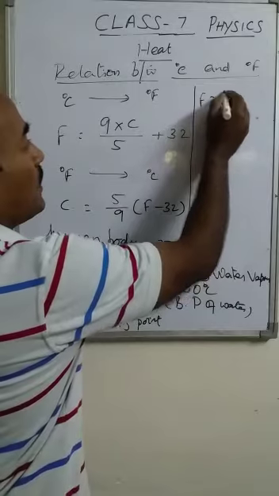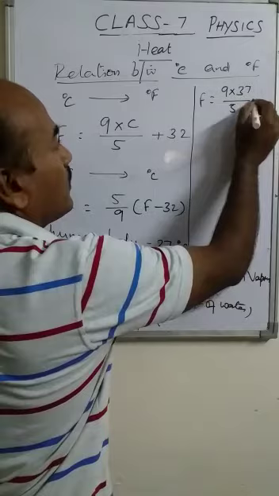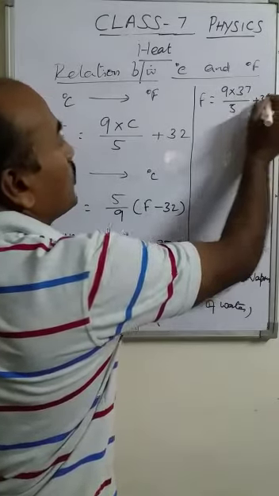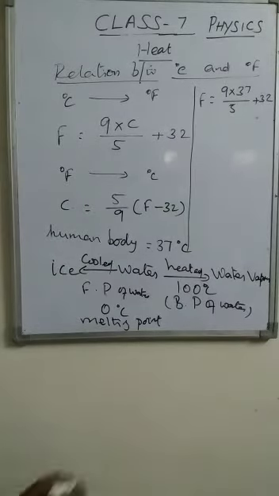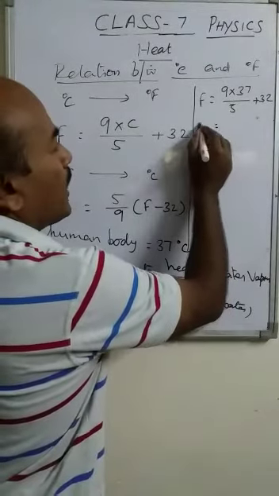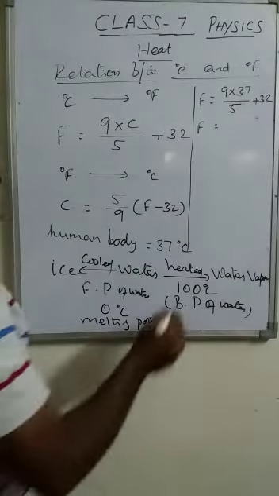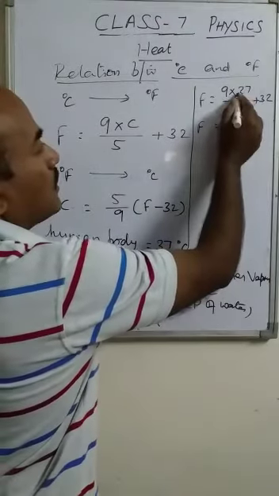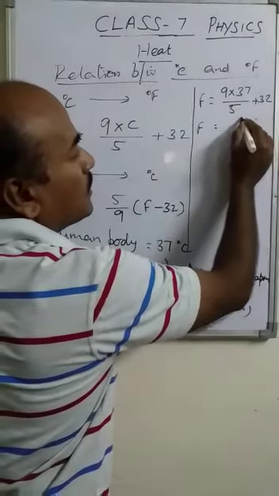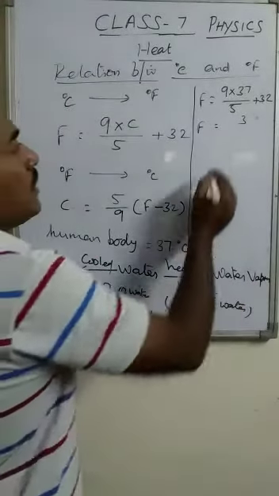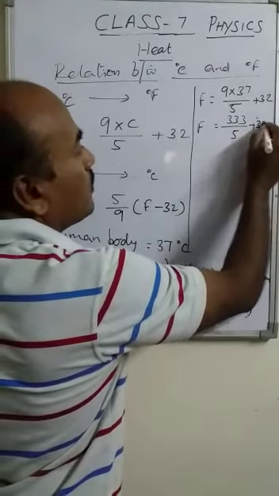Use this formula: 9 into 37 upon 5 plus 32. Multiplying these two, dividing with the 5 and adding with the 32, you can get the answer. 9 into 37 is 333.